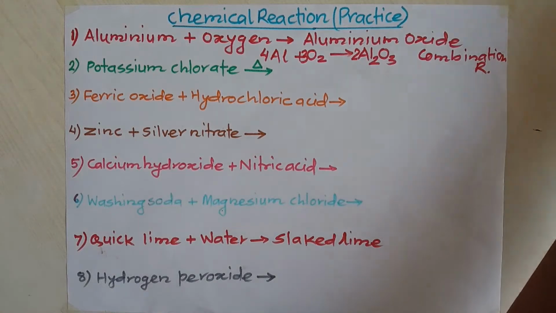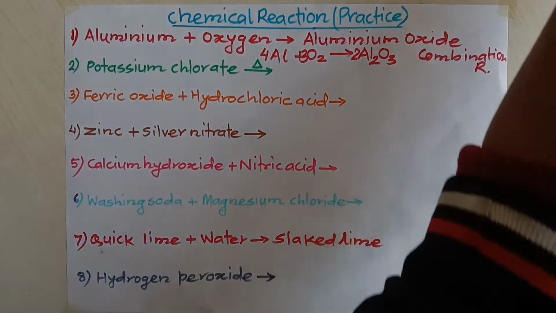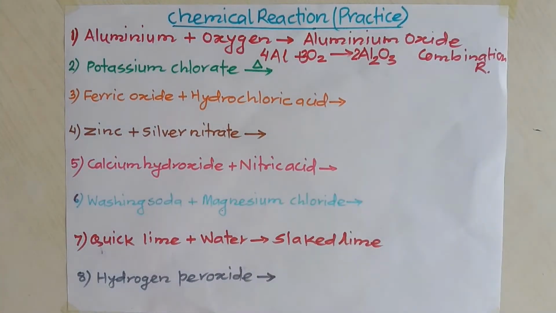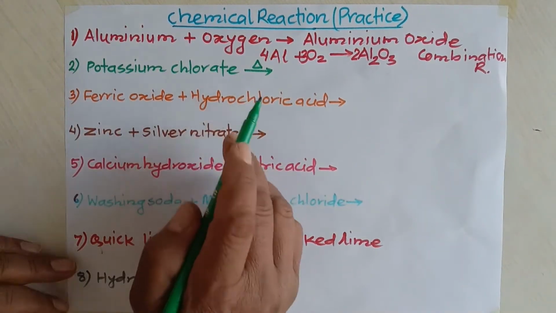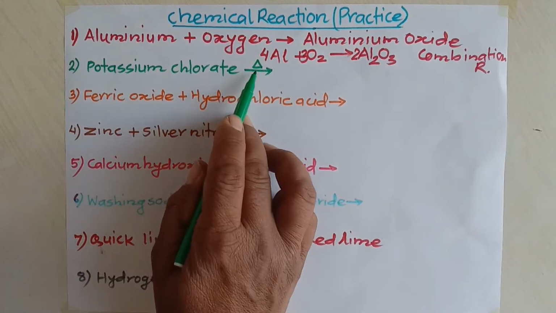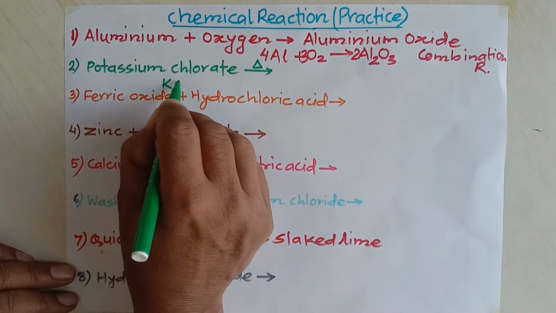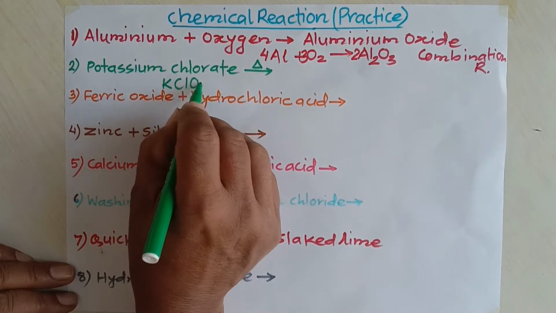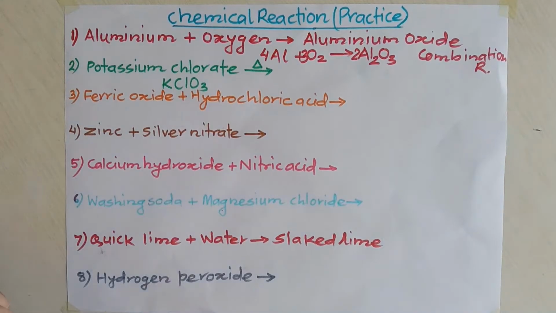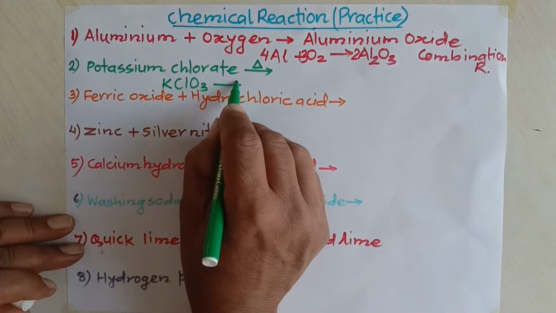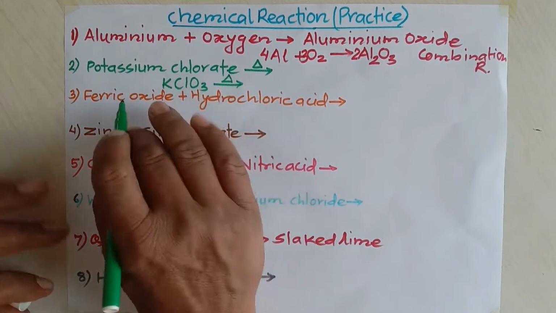Now let's go to the second. What we have here is potassium chlorate. When heated at high temperature, then what happens? Potassium K, chlorate means ClO3, potassium valency 1, chlorate valency 1, equal valency, no exchange. Now when it is heated at high temperature, suddenly it decomposes.